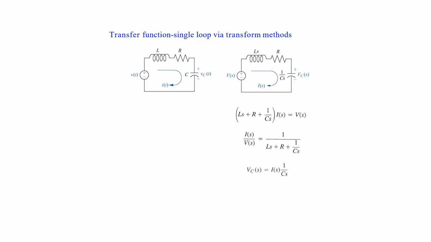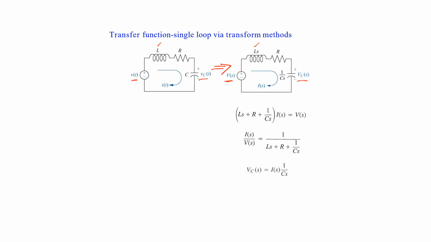We can also find the transfer function by first transforming the same RLC series circuit into the Laplace transformed circuit, where we transform each component, which was previously in the time domain, into the Laplace domain, and also replace the value of each component by the equivalent impedance found in that table.